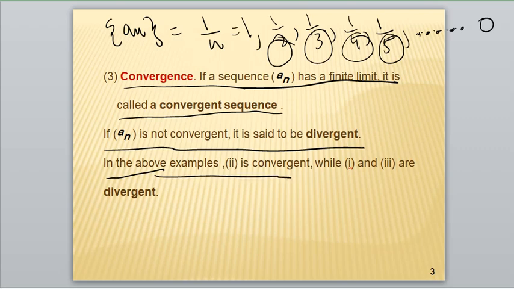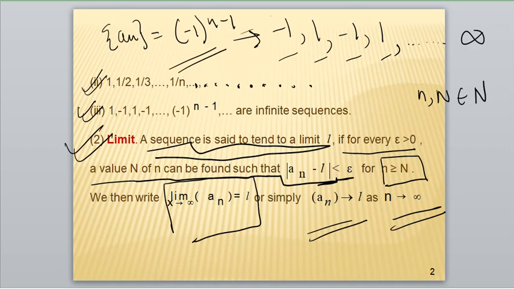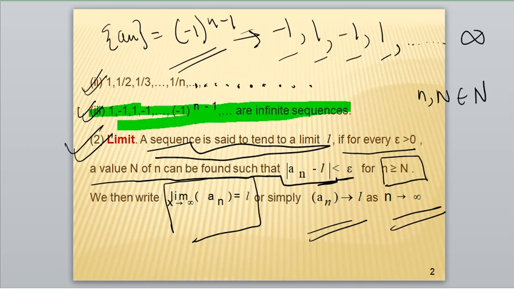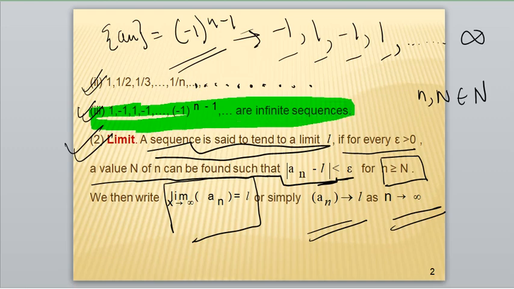In the above example, meaning in this example, the second one is convergent. Just hold on, I'll highlight it for you. This one is convergent. Alright, it's saying the second example is convergent, right?